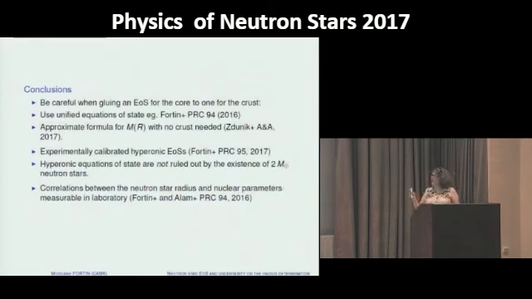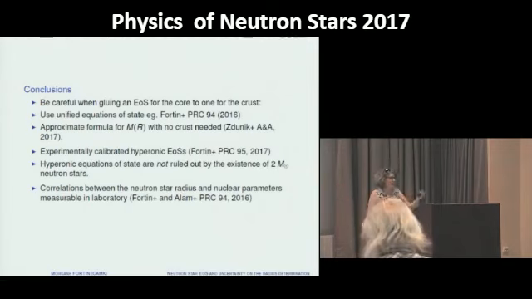What I really want to point out is that one has to be careful when connecting an equation of state for the core and for the crust. Otherwise, you introduce some uncertainty, which can be as large as the uncertainty you would obtain from observations. So there are a few ways of tackling this problem. One is to use unified equations of state.